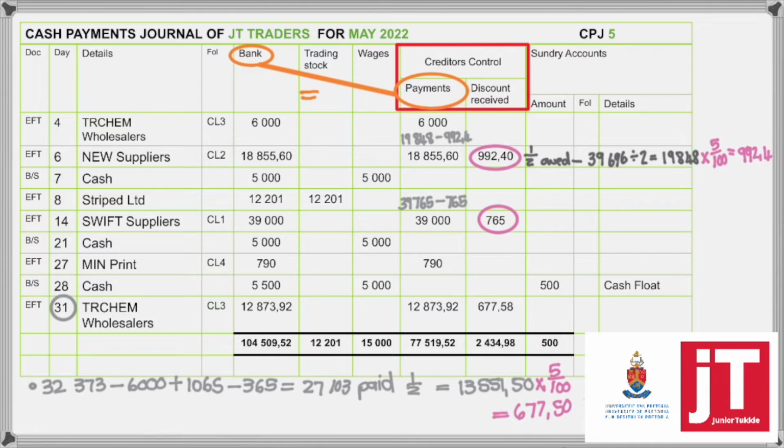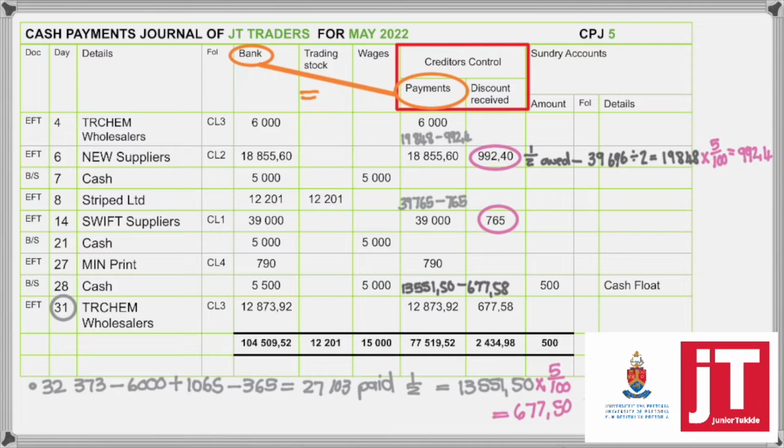So if we owed 13,551 and 50 cents and we get 5% discount, the discount amount is 677 Rand and 50 cents. So that goes to the discount column there.